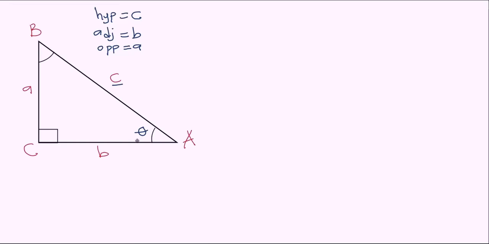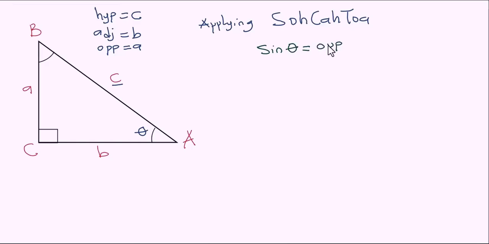So what's next? Let's apply the basic trigonometric ratios here. So first, applying sine theta is equal to opposite over hypotenuse, and opposite is A, and hypotenuse is C. That gives us A over C. So the next is cos theta.